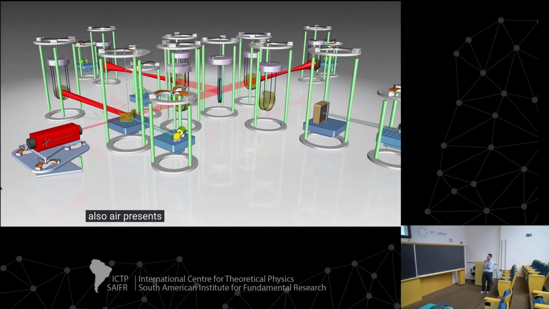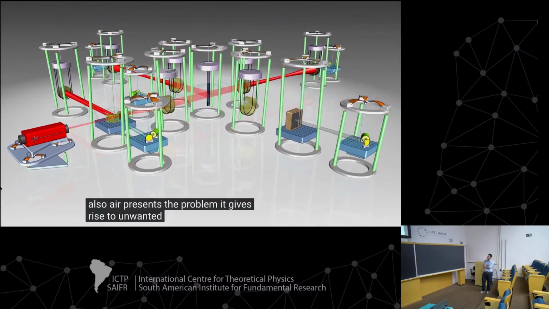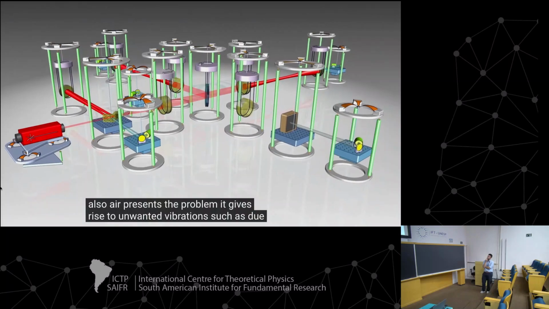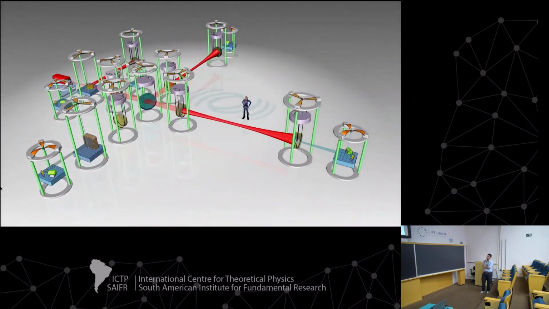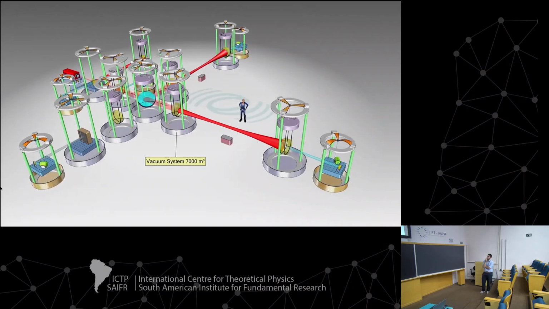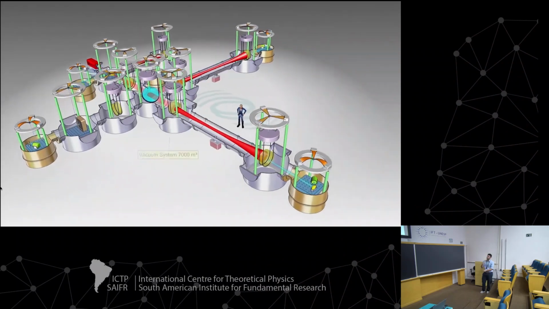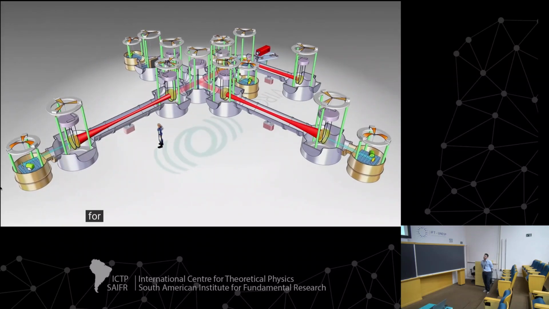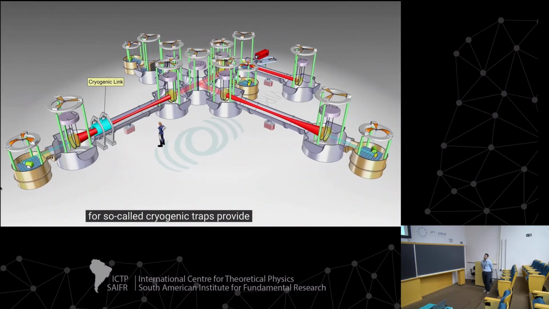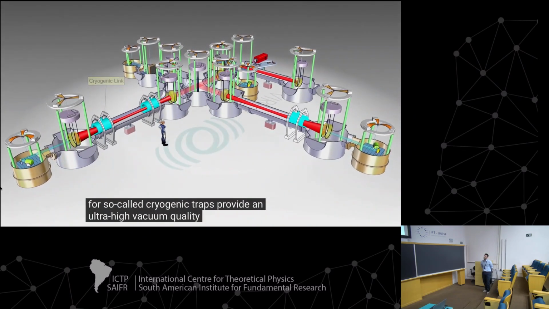Also, air presents a problem. It gives rise to unwanted vibrations, such as due to sound. Four so-called cryogenic traps provide an ultra-high vacuum quality.